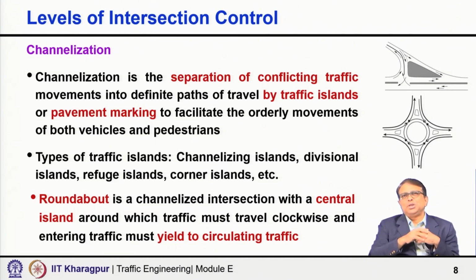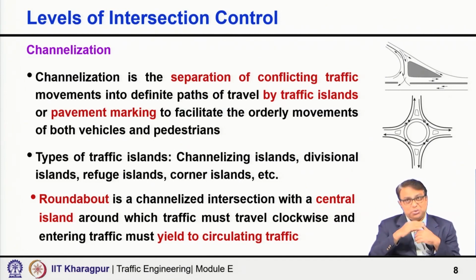But the moment you provide channelization, you are making a definite path that all vehicles will follow. So, you are controlling even the angle, the exact path they should take. So, less confusion, more uniformity in that sense, so overall safety is improved.